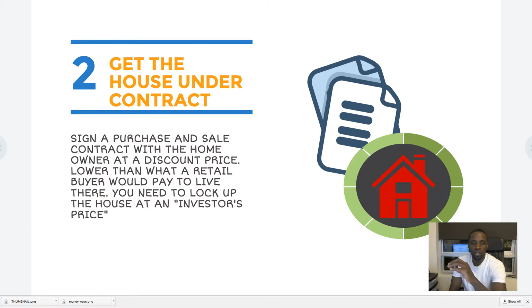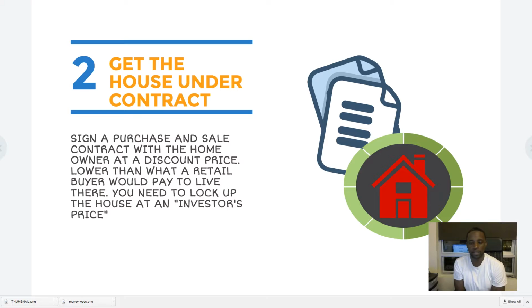The price you pay is going to be lower than what a retail buyer pays, like someone with a family buying a 3-bedroom, 2-bath home to live in. They have to go through FHA loans or the bank and all those different things, so they're looking to pay full price.